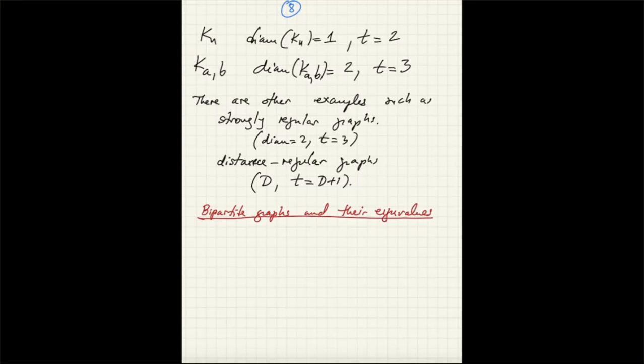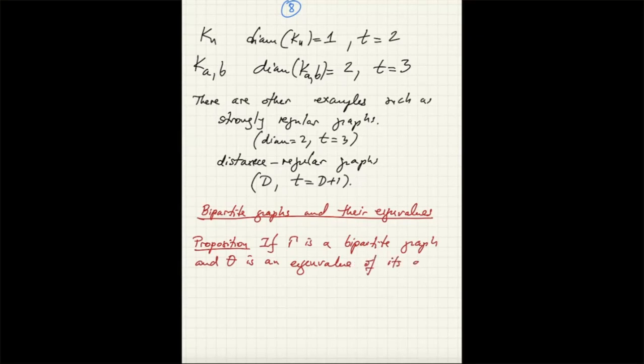So let's start with the following result. It's a proposition. If gamma is a bipartite graph and theta is an eigenvalue of its adjacency matrix, then minus theta, so theta, let's say theta non-zero, then minus theta is an eigenvalue.